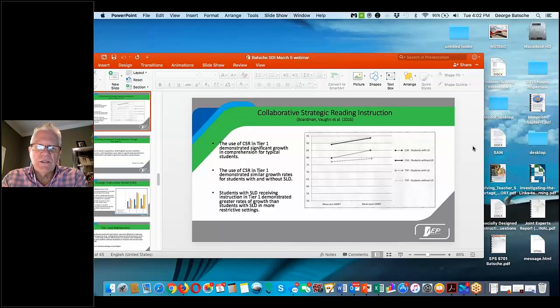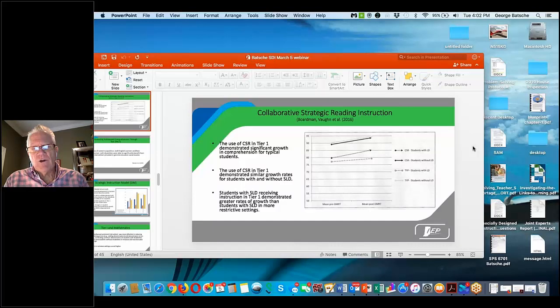So the students with disabilities are not getting farther behind. They're growing, which is awesome, but they're not closing the gap. So this is where specially designed instruction delivered by resource teachers could focus on, number one, dealing with the deficits, but also number two, focusing on strategies to close the gap.